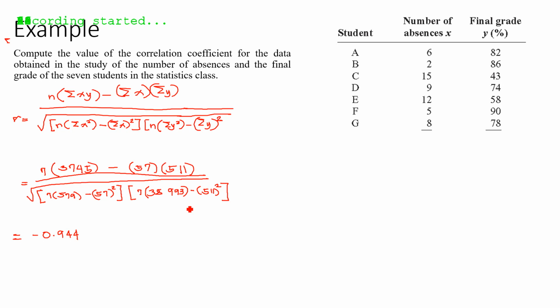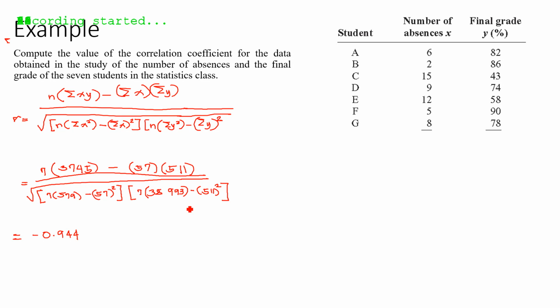From our computation in Excel, we come up with the value of r, which is negative 0.944. So this means that there is a strong negative linear relationship between the number of absences and the final grades of the 7 students in the statistics class.